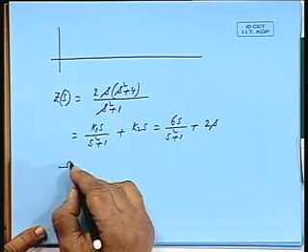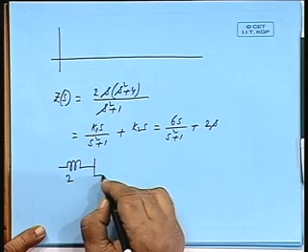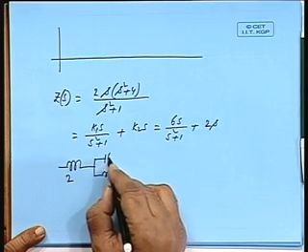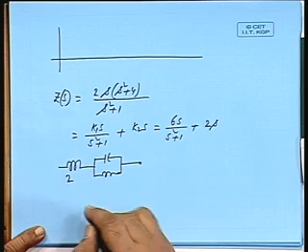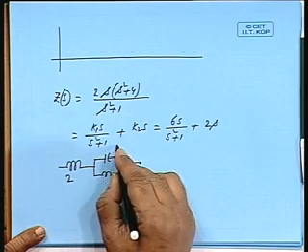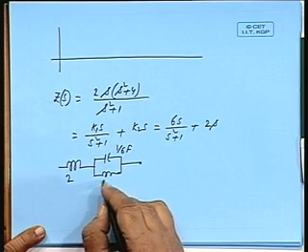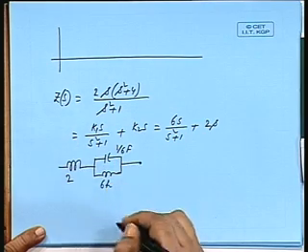So that means 2 Henry, and how much is this? 1 by 6 farad and 6 Henry. Okay.